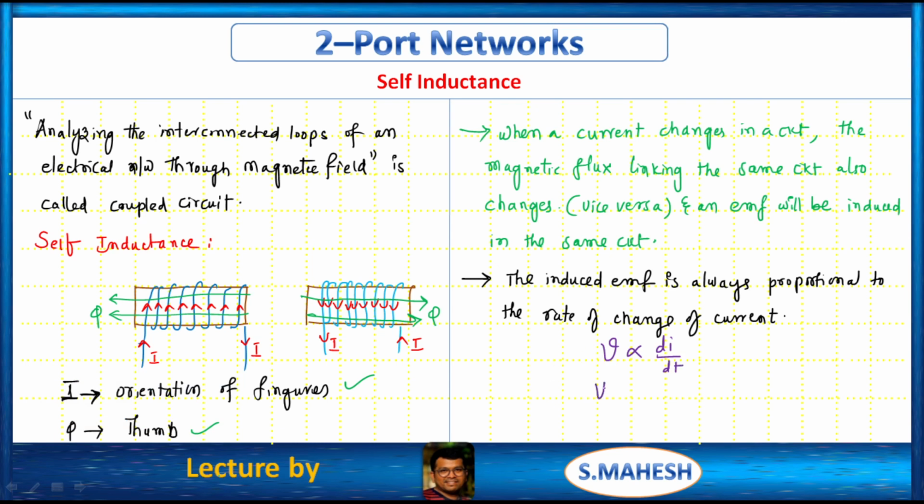So in order to eliminate this proportionality, we have to introduce some term, that is L. Now it is V is equal to L into di by dt, where V is the induced EMF, L is the self inductance, which is nothing but the constant of proportionality, right? And this is the rate of change of current. That's it.